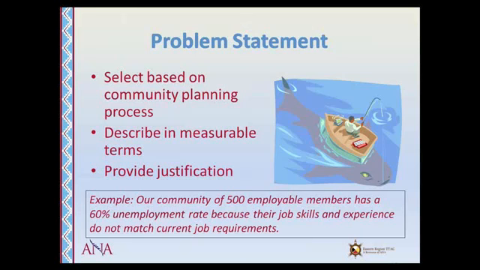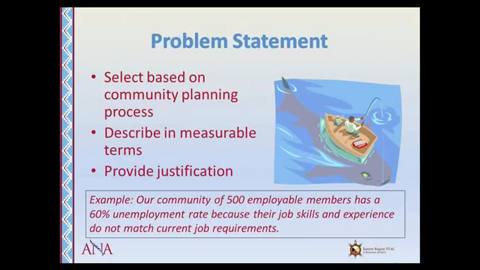Now that you've selected your community, it's time to get down to the determining of the problem statement. Keep in mind, a problem statement identifies one current negative community condition discussed during a community-based planning process, such as the nominal group process that we just talked about, and explains why this problem was selected over others.